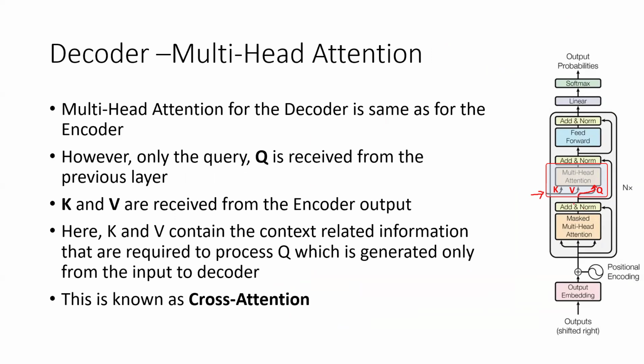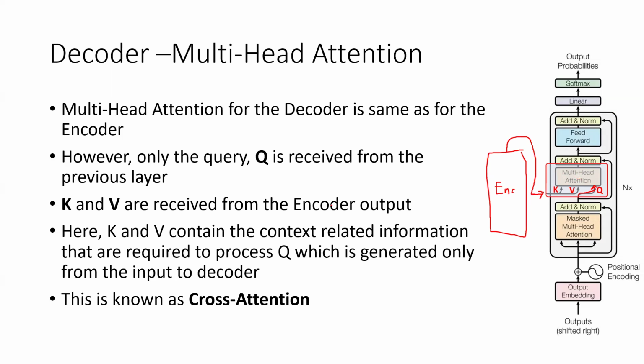That means the query is passed from the previous layer, and the key and value, that means the context, is passed from the encoder, right? This is the encoder. The output of the encoder is passed as K and V values to the multi-head attention.